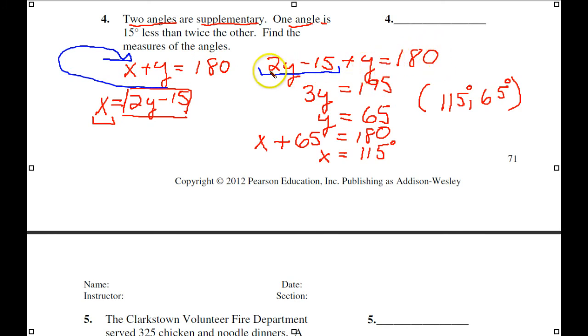Now I have an equation with just one variable, which I now solve. Group like terms, transpose the negative 15, I get this. Divide both sides by 3, I get this. That is my y value. I then put it there. I solve for x. x is this.